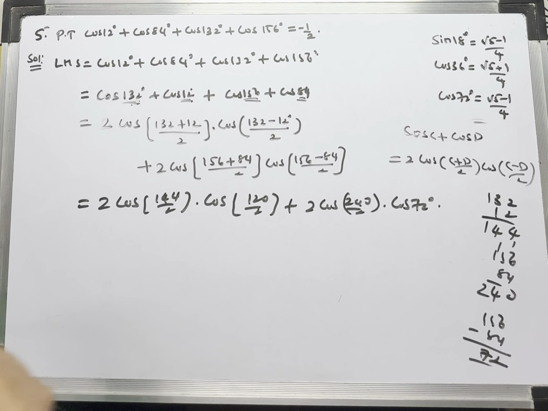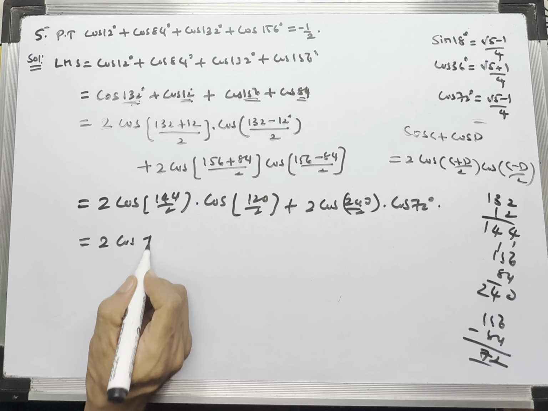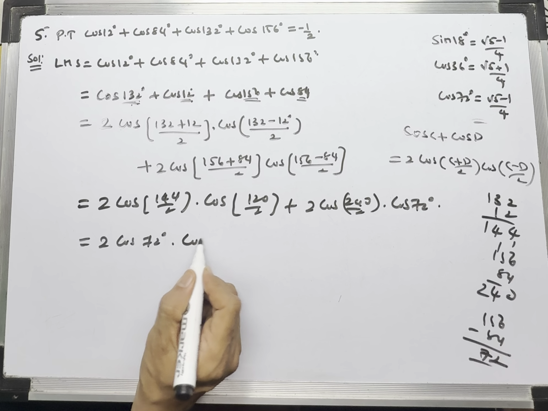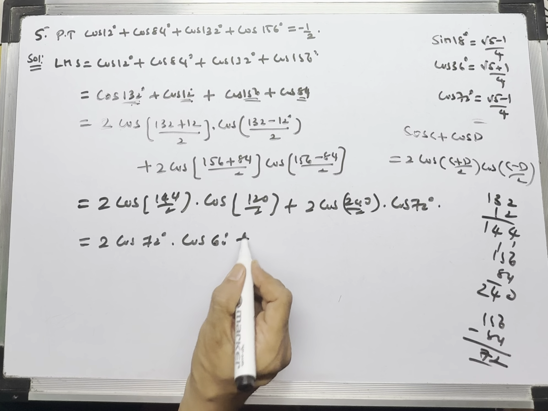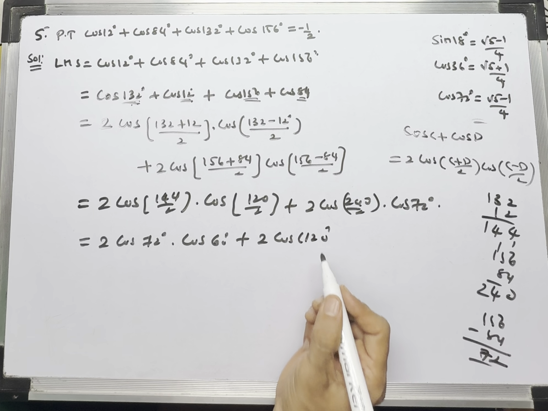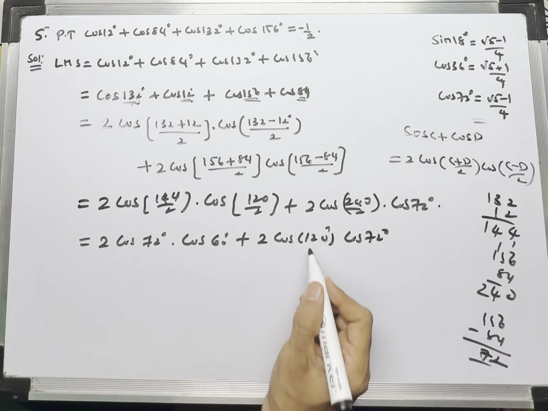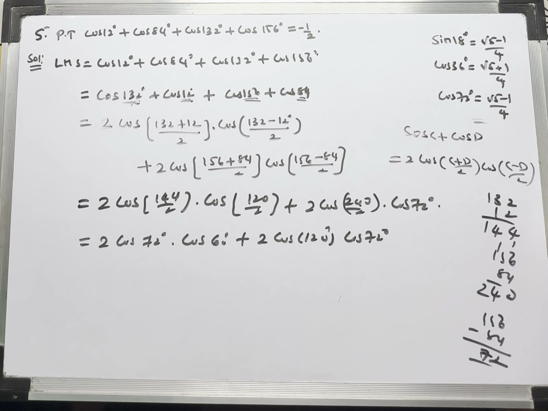Now this is 2 into cos 72 degrees into cos 60 degrees plus 2 into cos 120 degrees into cos 72 degrees. How to find the cos 120 value?